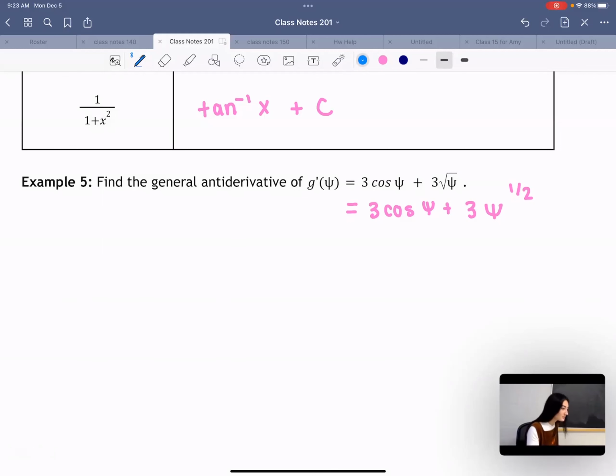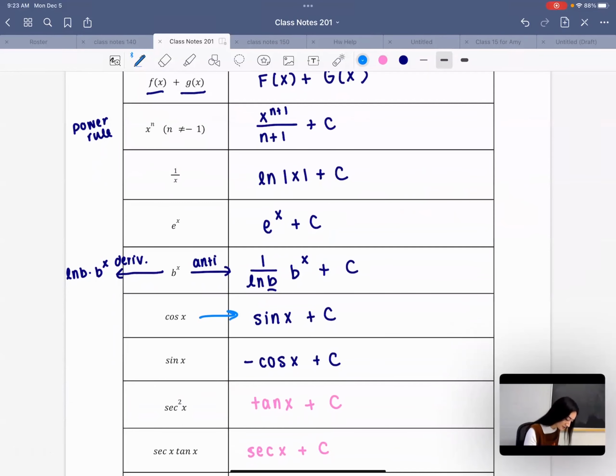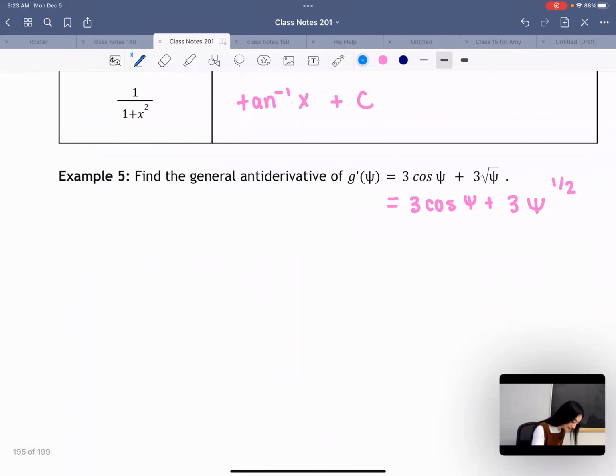Good. The antiderivative of cosine is sine, right? So going in our chart, I know that cosine goes to sine. So 3 cosine has to be 3 sine of, well, in this case, psi.